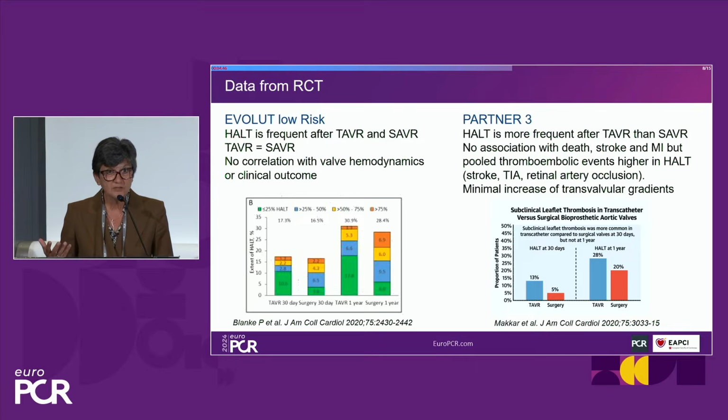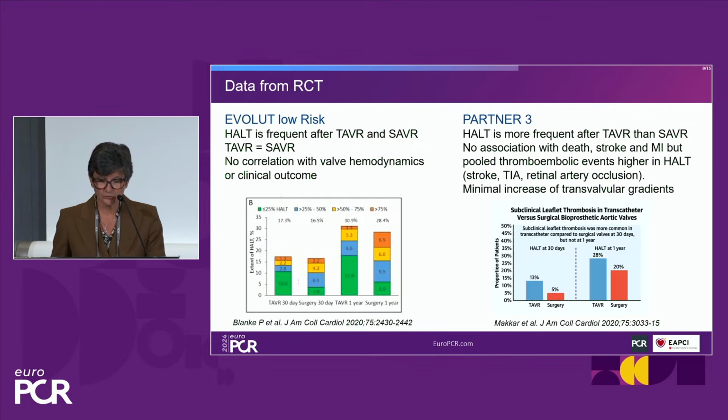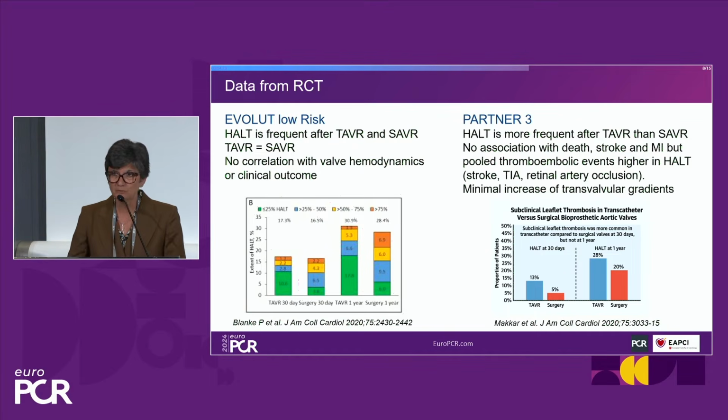There was no association with death, stroke, and MI individually, but pooled thromboembolic events are higher with stroke, TIA, retinal artery occlusion pooled together in the HALT group as compared with no HALT group, with a minimal increase of transvalvular gradient. So there are some small differences in the message provided by the two randomized trials, but once again, this is a short-term follow-up, 30 days and 1 year.